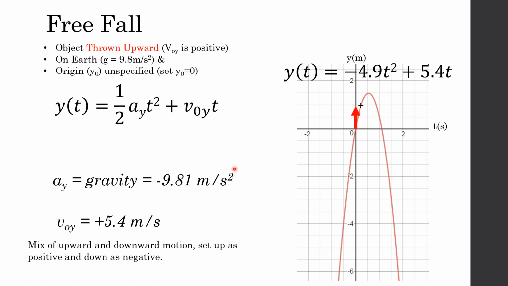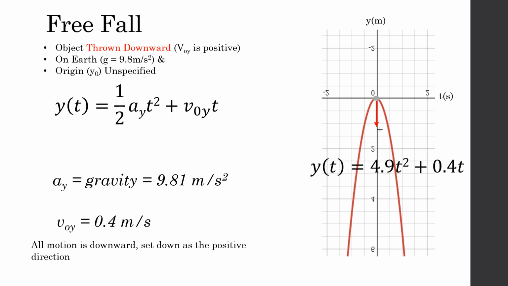And so in this case, because of how we have defined our origin, this is going to be a negative number. So when I write my position equation out, I have negative 4.9t squared, right? Because half of 9.8 is 4.9, plus a positive 5.4t.